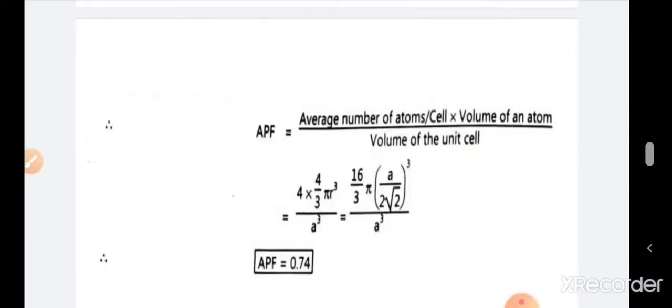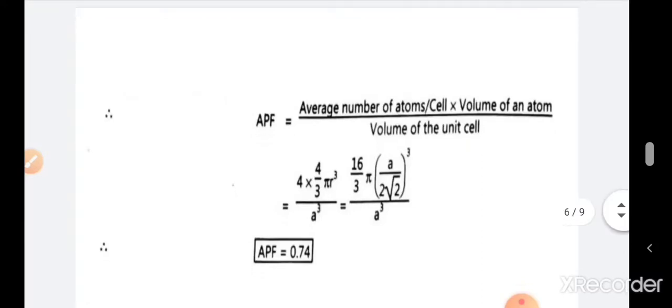The volume of the atom, which is spherical, is 4 by 3 pi r cube, so we replace it over there, and the volume of the cube is side cube, and in all these structures we denote the side as A. That's why we place the volume of the cube as A cube.